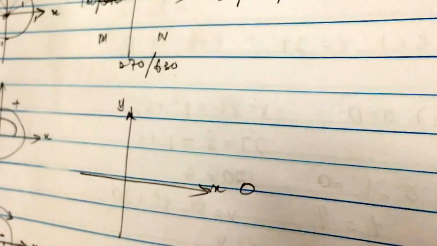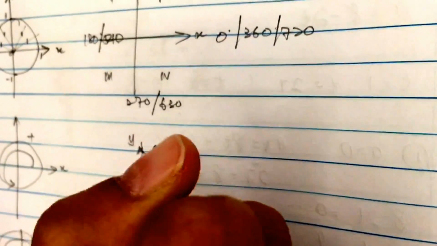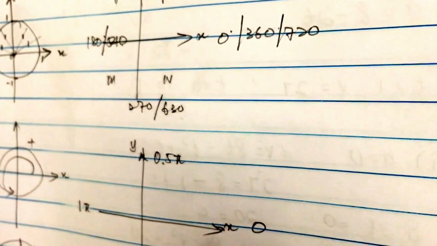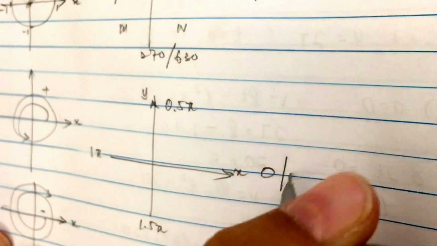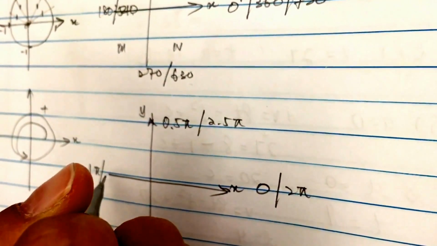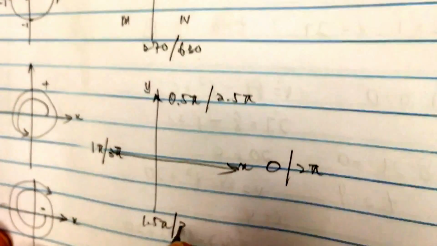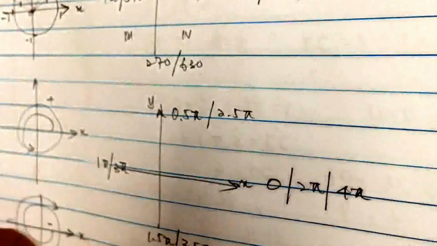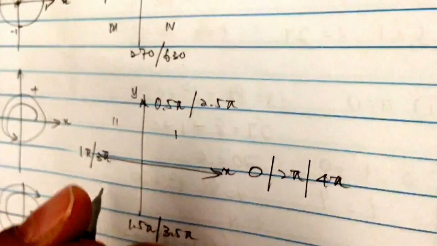So it will be 0 radians. Every quarter you add 0.5 pi. So 0, 0.5 pi, 1 pi, 1.5 pi, 2 pi, 2.5 pi, 3 pi, 3.5 pi, and then 4 pi, and it keeps going. So it's also quadrant 1, 2, 3, 4.